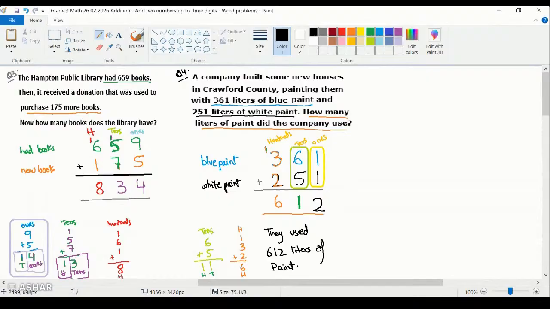Do we agree on this? That's 612. Sorry, 361 plus 251. That comes out to be 612 liters of paint. Let's have a look at another example.